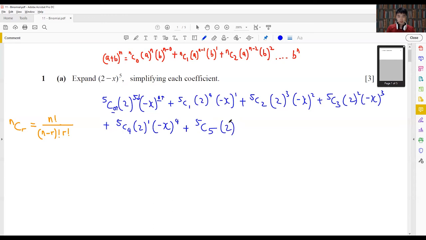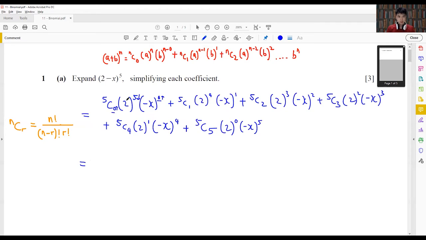You will end up with finally in this last expansion here, 5c5, 2 to the power of 0 and negative x to the power of 5. And this is when you know that you've done all your expansion. Okay, from here, just type everything into the calculator.